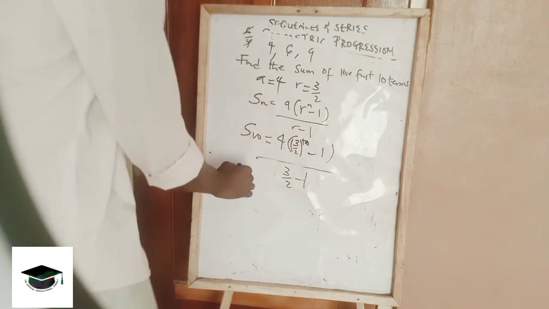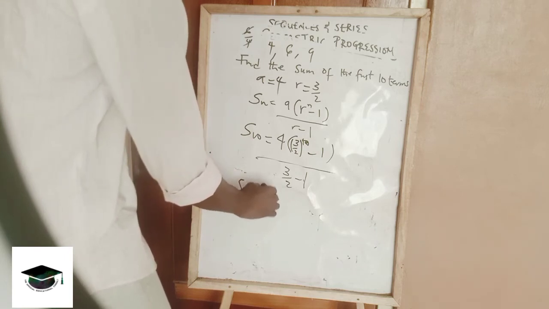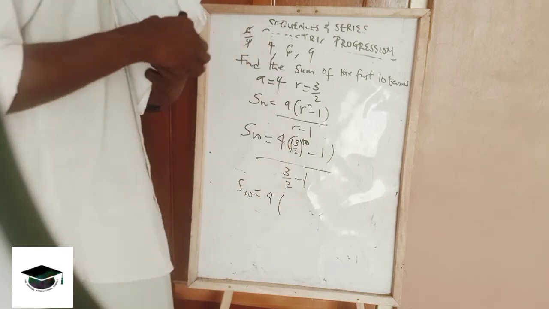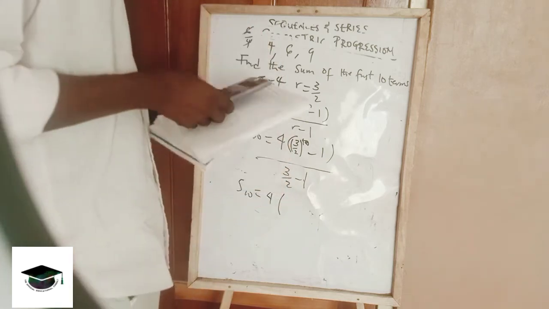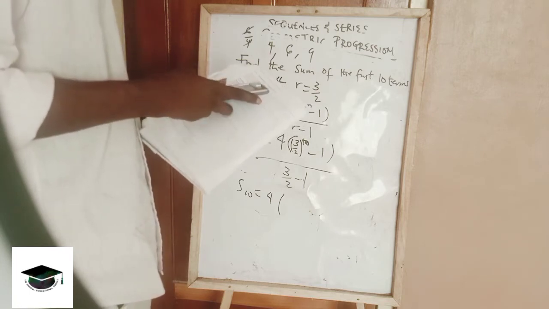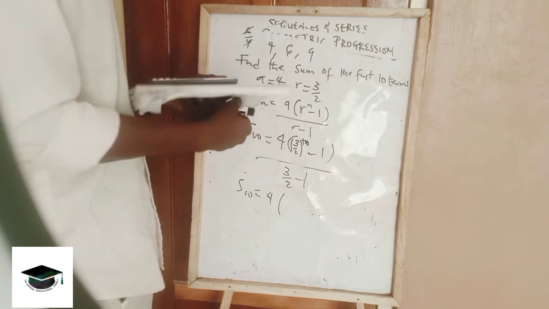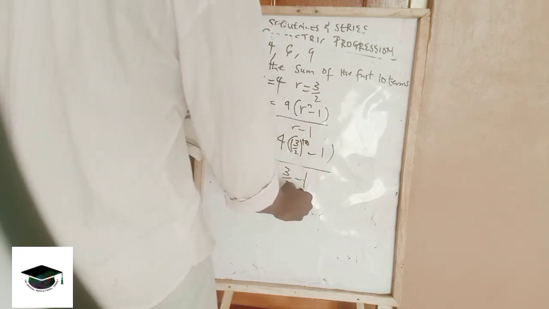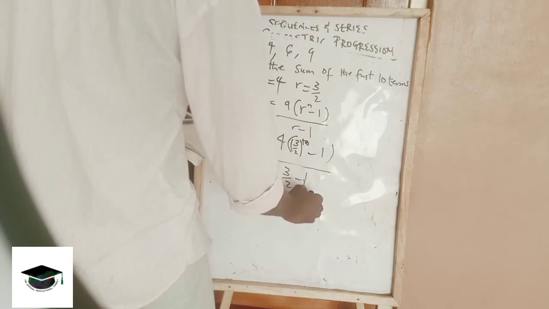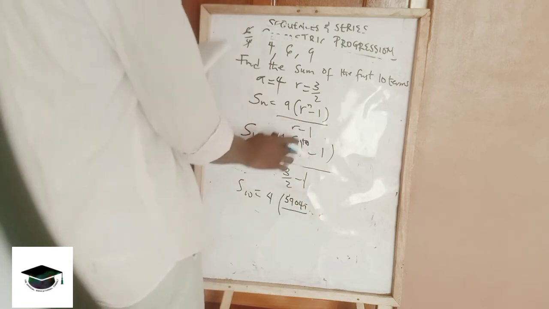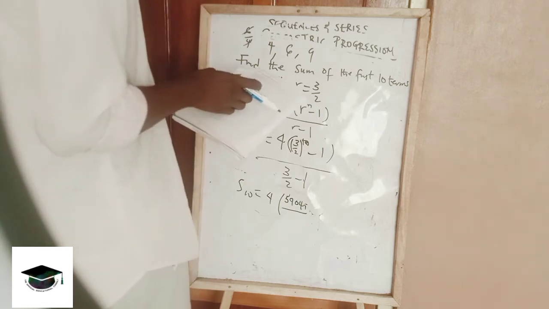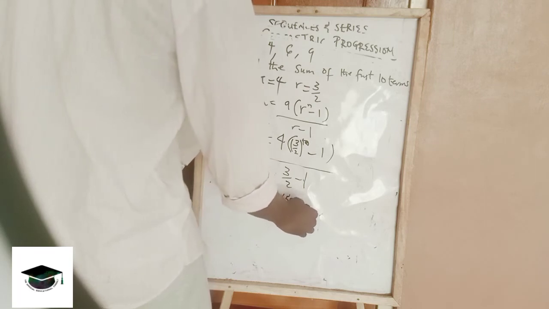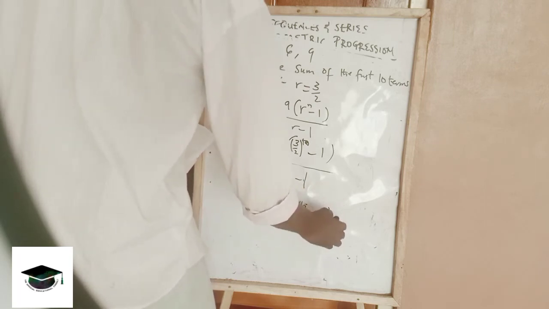And how do we do that? So that's going to be S10 equals 4 open bracket, this is going to give us 3 raised to power 10. What's 3 raised to power 10? 3 to the power of 10 is 59049. The power of 10 is going to affect these two, and then 2 raised to power 10 is going to give us 1024, minus 1, over.